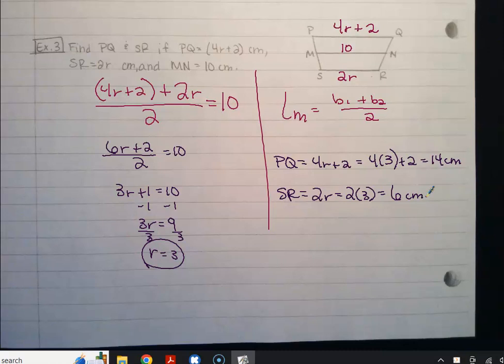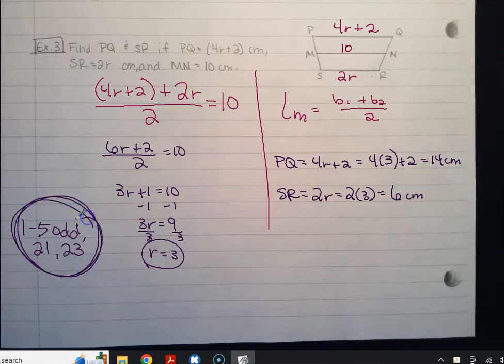That's no good. 21. 23. Find the lengths. Okay, 25 is a kite. I'll skip those. Oh, we were stopping at 29. So let's do these for your homework: 1 through 5 odd and 21 and 23. And then tomorrow we'll have a proof day. And then Monday we'll do the kites section of this.